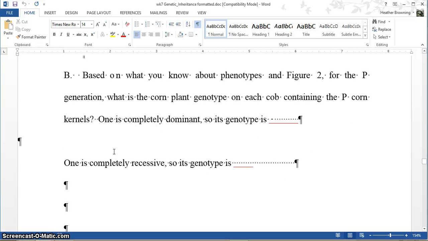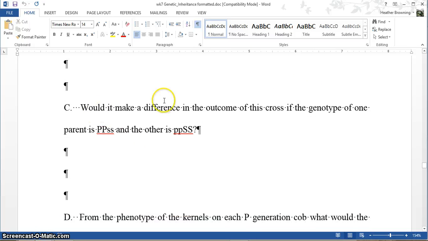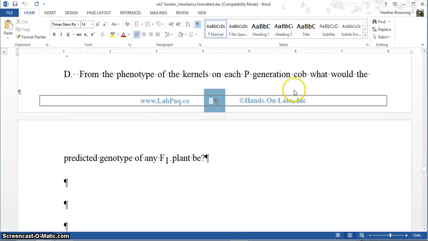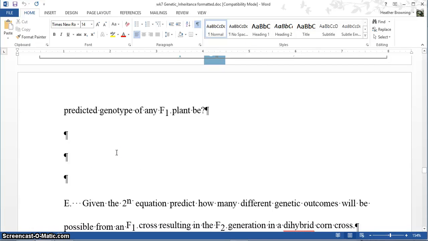Based on what you know, what's your genotype going to be? So this is back to your P's and your Q's, right? If one's completely dominant, if it's all recessive, does it make a difference if you cross these crazy ones? From the phenotype of the kernels in the P generation, what would be predicted of the F1 plant?